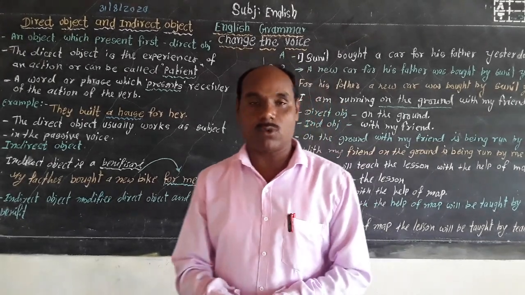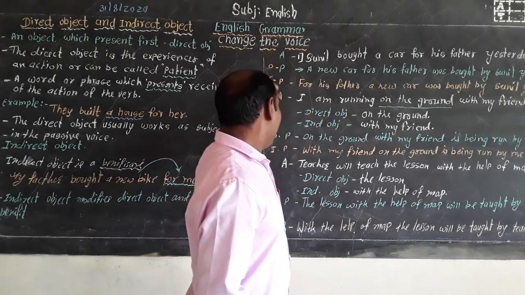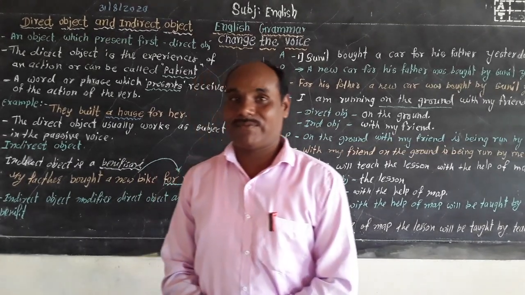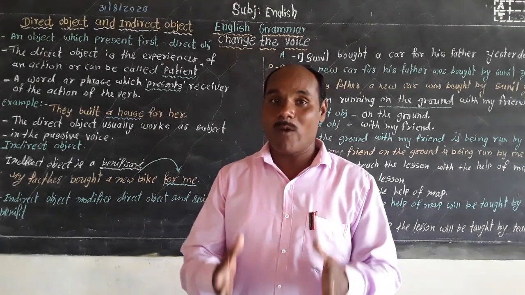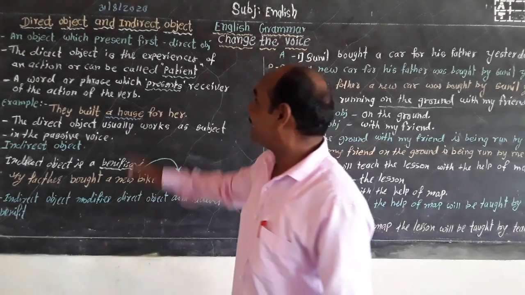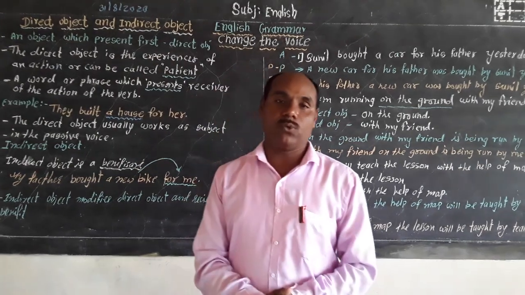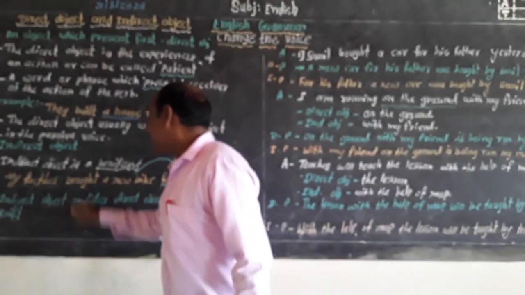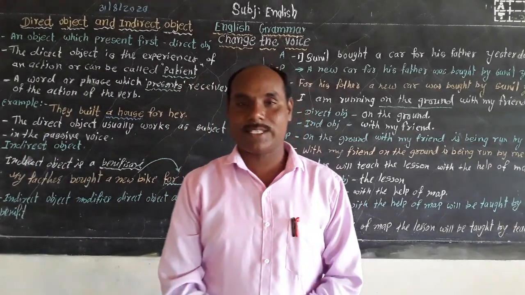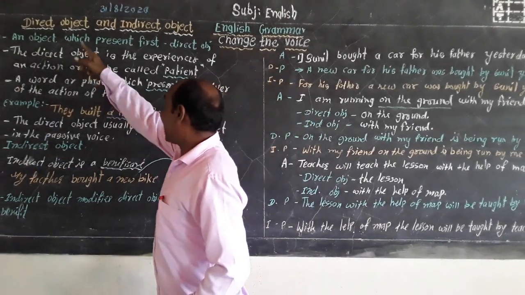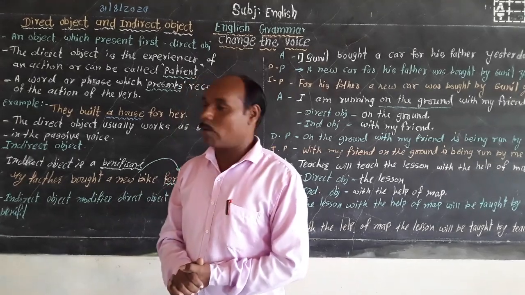Or we can also say, what role does a direct object or an indirect object play. So there are certain things which are very essential for us to know about direct object and indirect object.